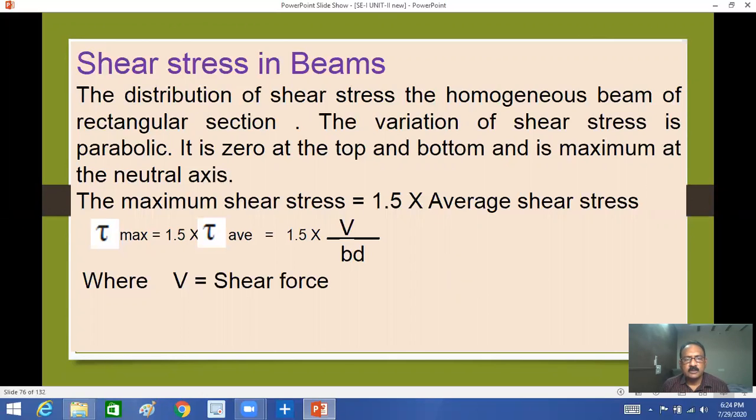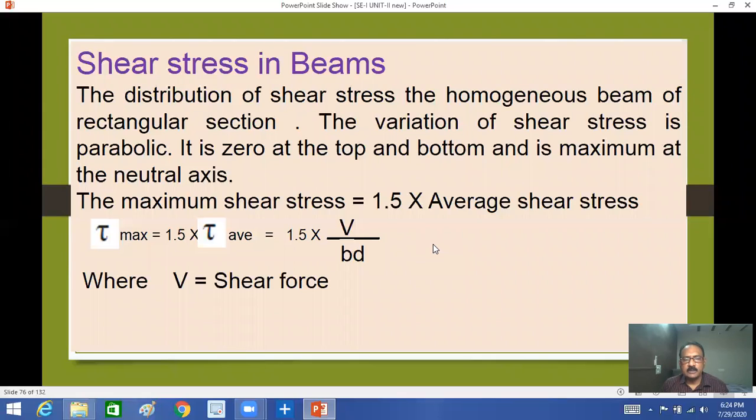So the distribution of shear stress in a homogeneous beam of rectangular section is maximum at the neutral axis, and it is zero at top and bottom.